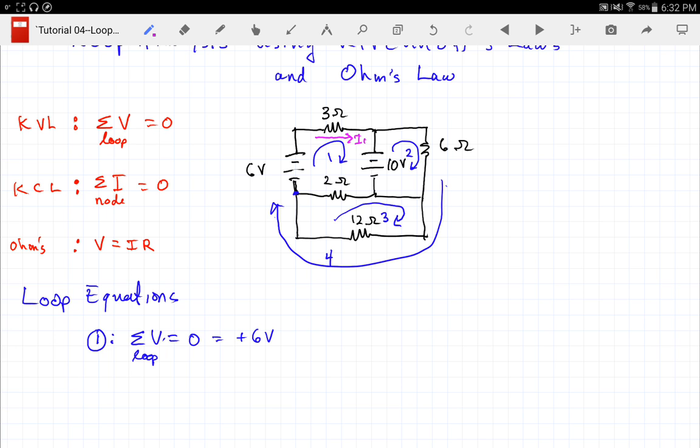Now, this is in series with this 6 volt power supply. And elements that are in series have to have the same current. So I'm going to mark the current here, and I'm going to call that I1 as well, because it's going in the same branch. Remember I said earlier, about 5 minutes ago, that a branch is connecting from essential node to essential node. Okay, so that's my current 1.